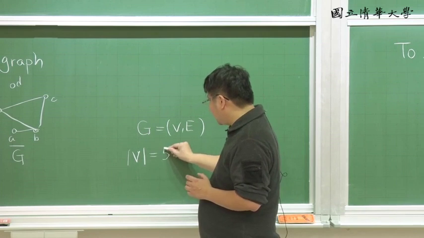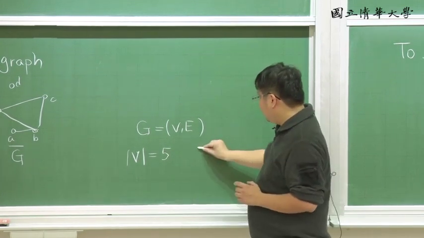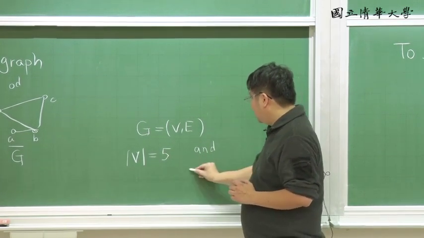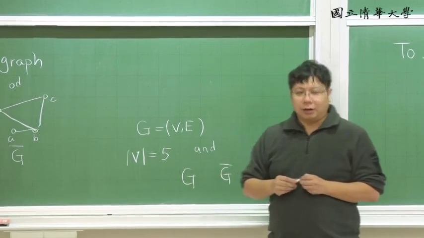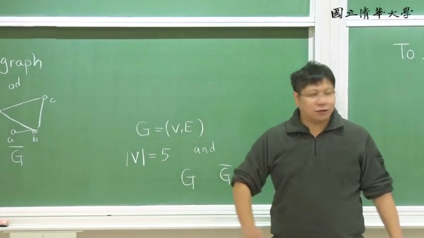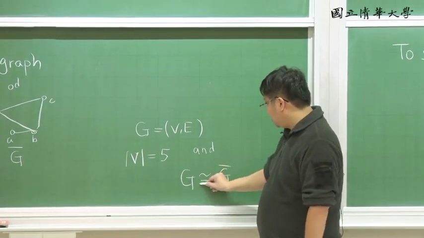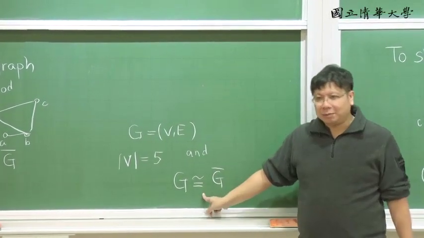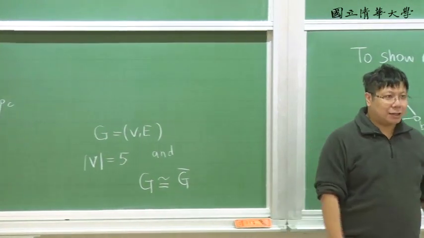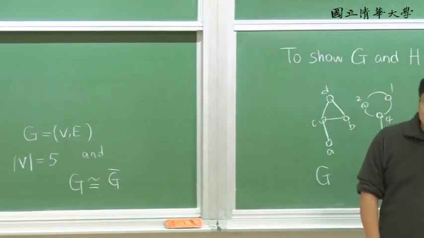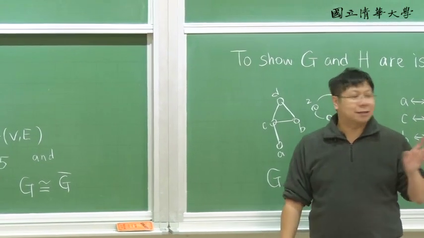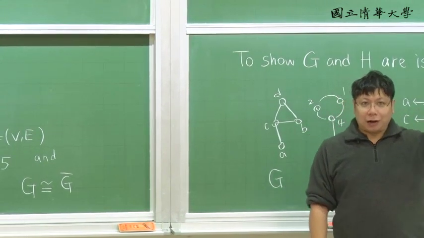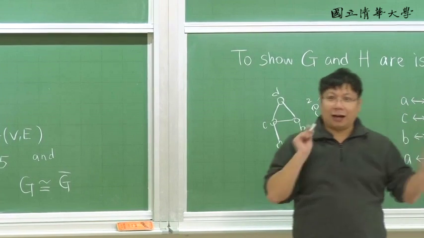So there are 5 vertices in G, and G and its complement are isomorphic. So isomorphic, let's define a notation for it. Maybe this one. So they look similar and the same to each other. Do you understand my question? Find a graph that has 5 vertices such that the graph itself and the complement are isomorphic.